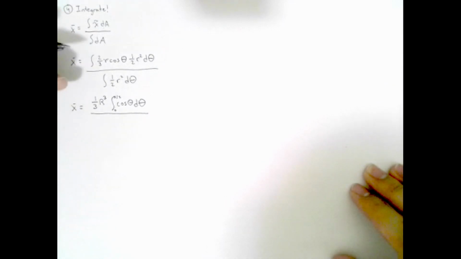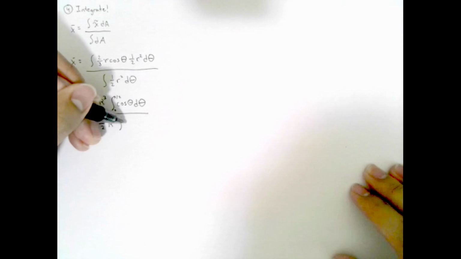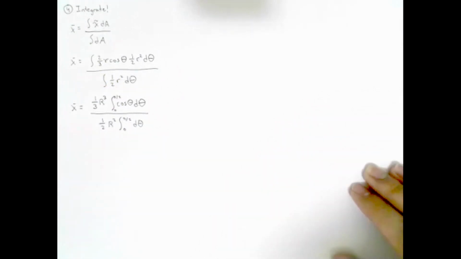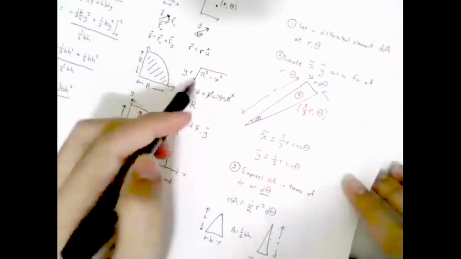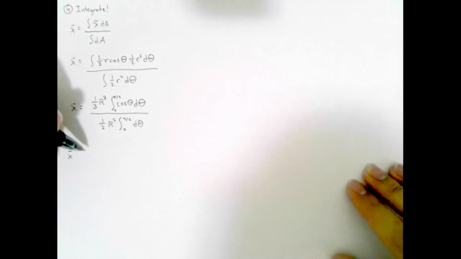That's our limits of integration. The denominator, again, I can take out the constants. So I'm going to have 1/2 r squared, integral from 0 to pi over 2 of d theta. And now, instead of dealing with a nasty integral like we had in the very first problem we did on Monday, we have a pretty simple integral.